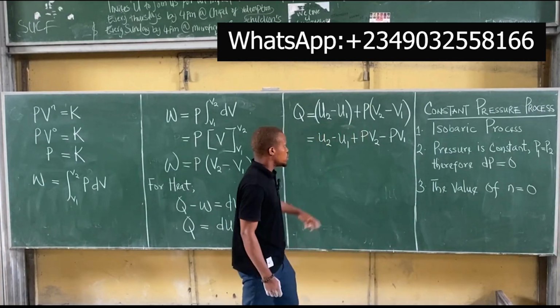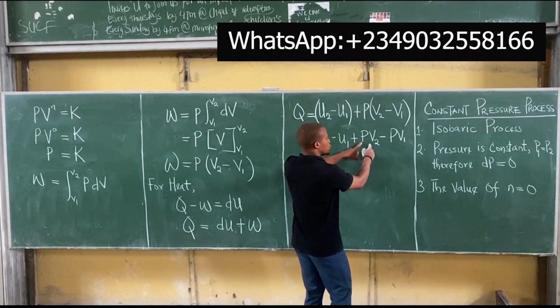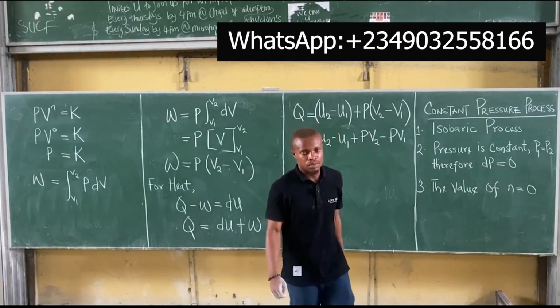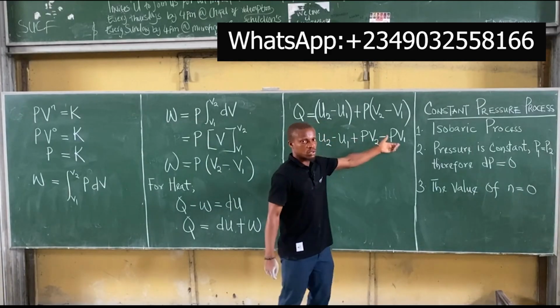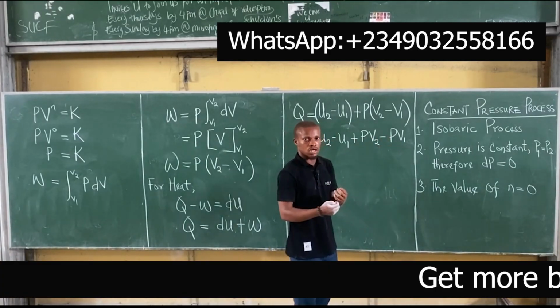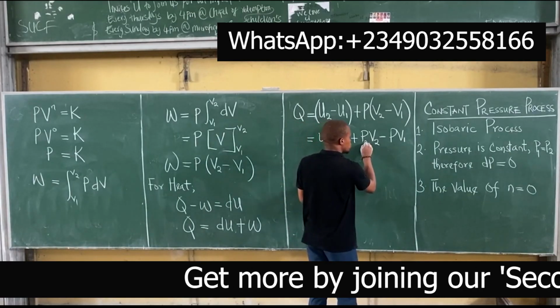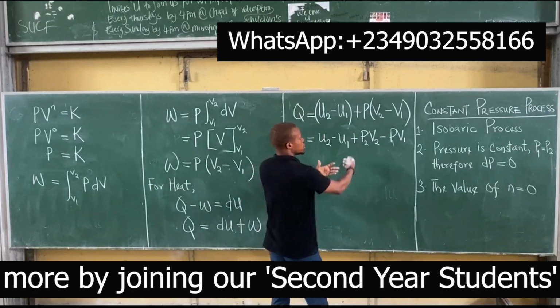And mind you, our P is constant. For each state, we can actually call it P2 and P1, for state 1 and state 2. So this is it.